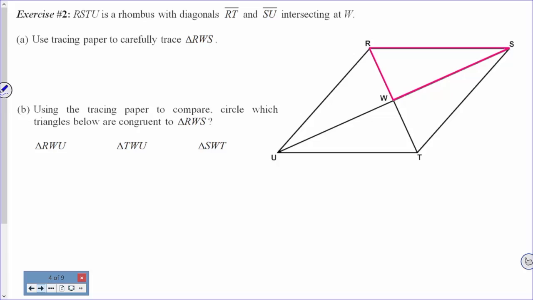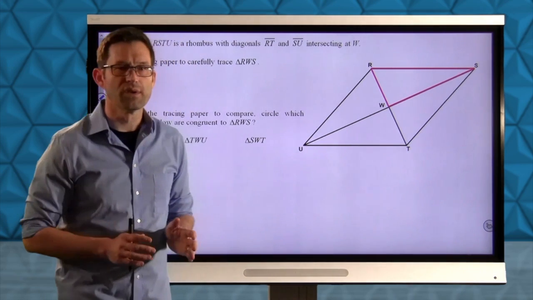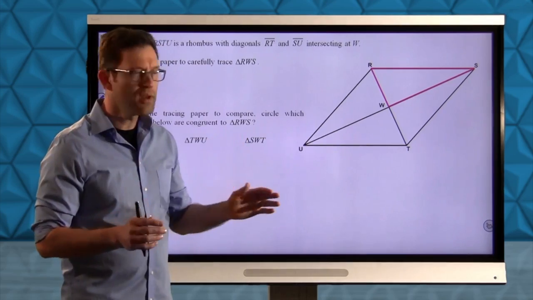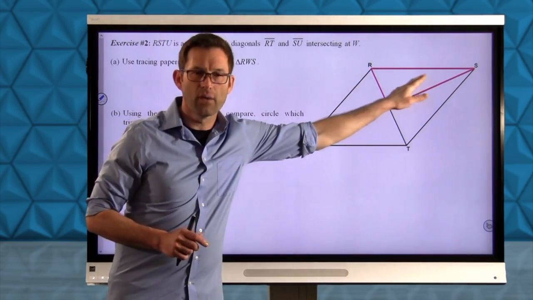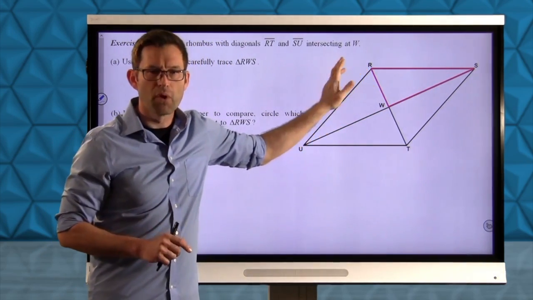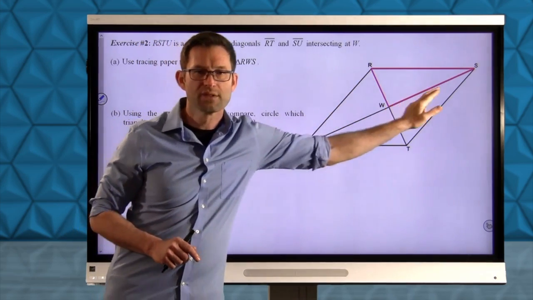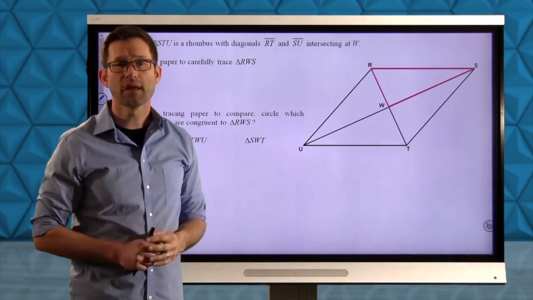Use tracing paper to carefully trace triangle RWS. So I definitely want you to do this along with me, okay? Pause the video right now and trace out, and if you need to, use a ruler, but really carefully trace out this particular triangle. Take a moment to do that.